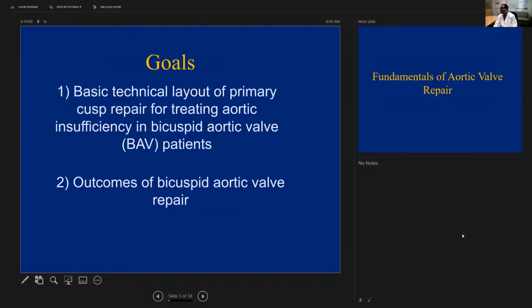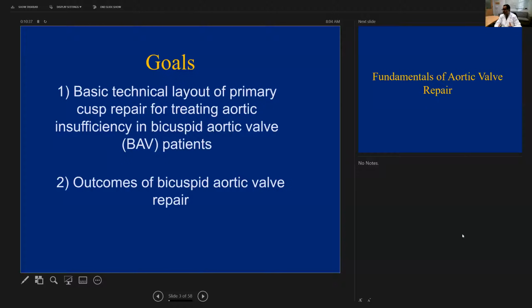I'll just give a brief outline of where we're going and what the goals are. I divided this talk into two main parts. One is to give a basic technical layout of how we do primary cusp repair for treating aortic insufficiency in bicuspid aortic valve patients. What are all the things in our armamentarium as surgeons, the techniques we can employ to actually get a good result and hopefully provide good long-term outcomes to our patients.